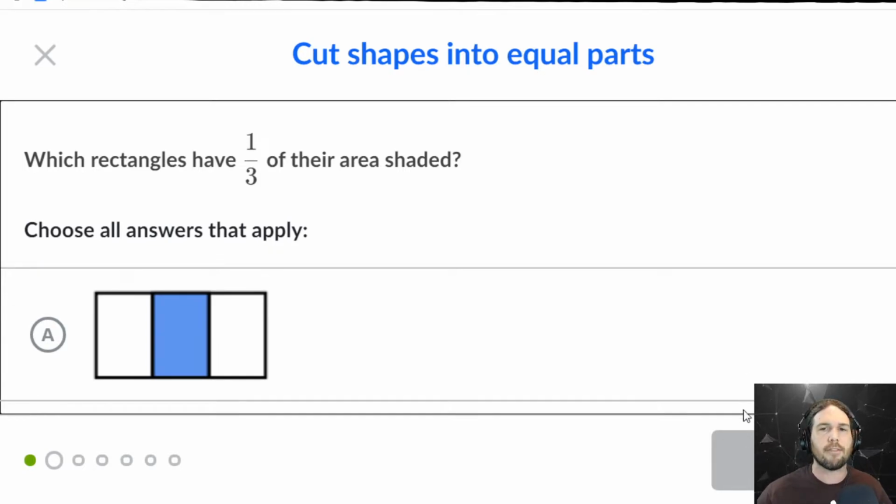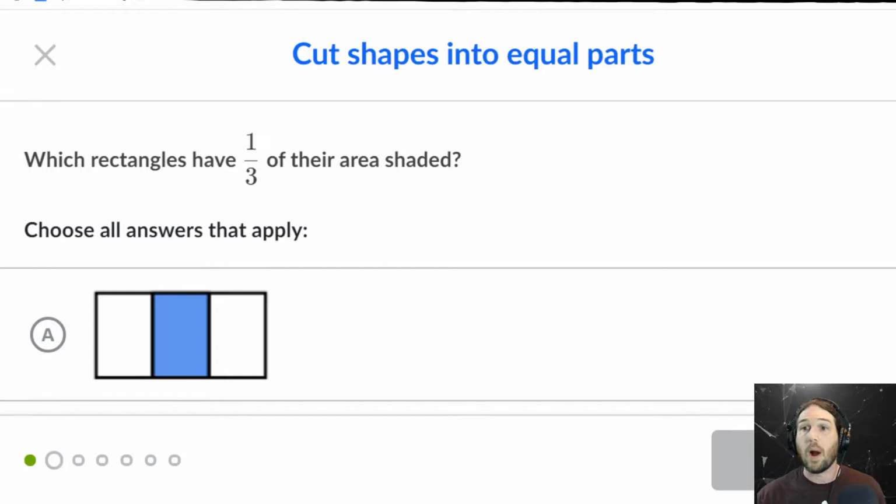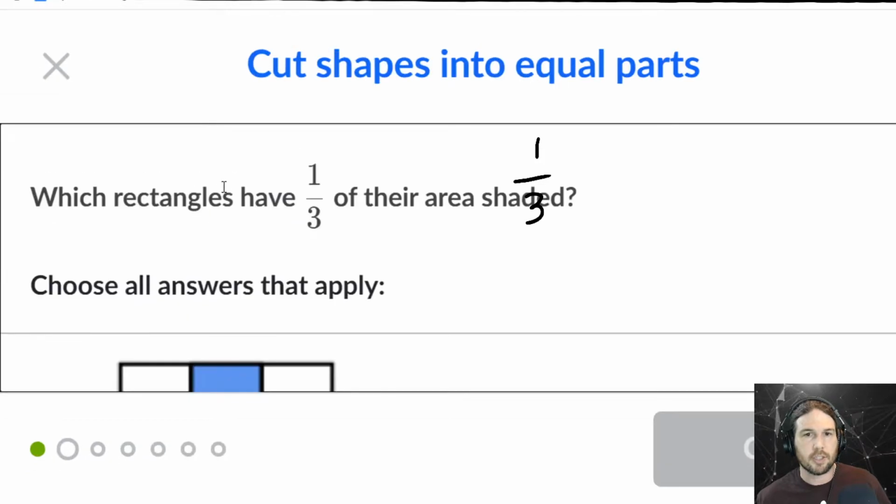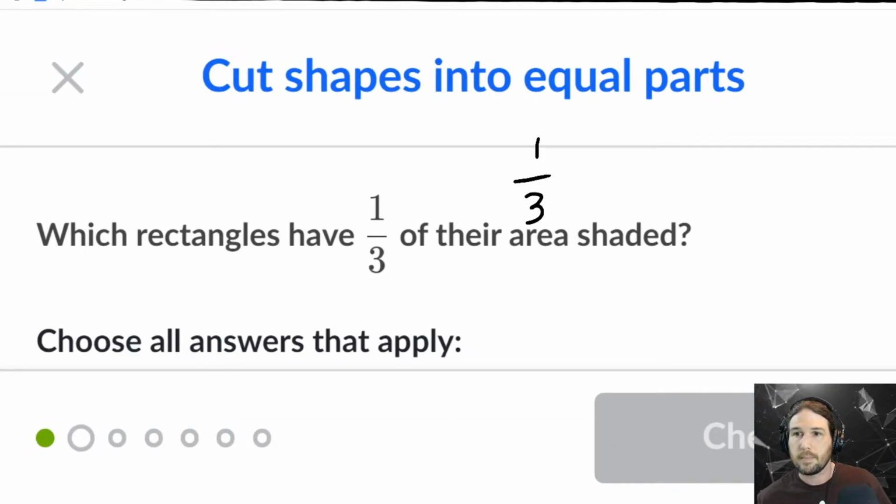Which rectangles have 1/3 of their area shaded? So now we're going to talk about numerators and denominators and why they are called numerators and denominators instead of just the top and the bottom of the fraction. So I have 1/3. All right. What do these numbers mean? Let's say I have an object. And yes, I see that there's an answer right there. Let's zoom in so that we can't see the answer.